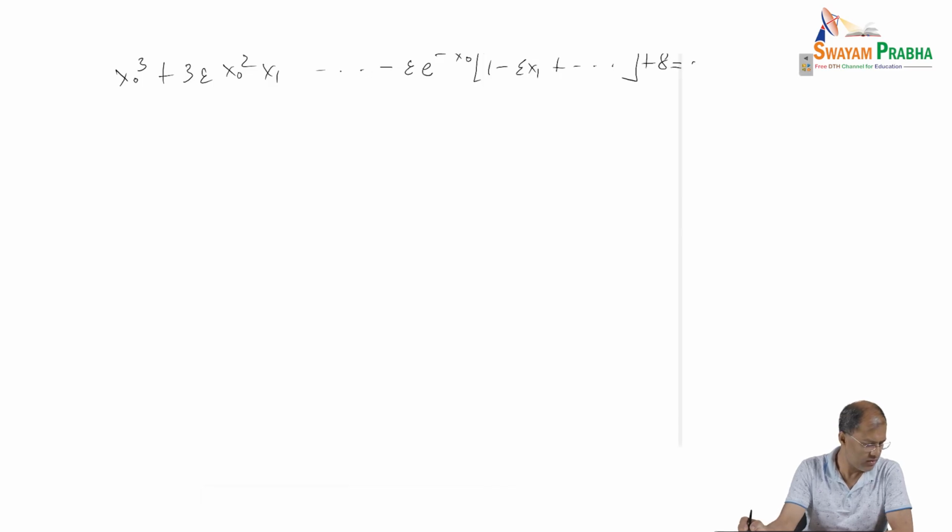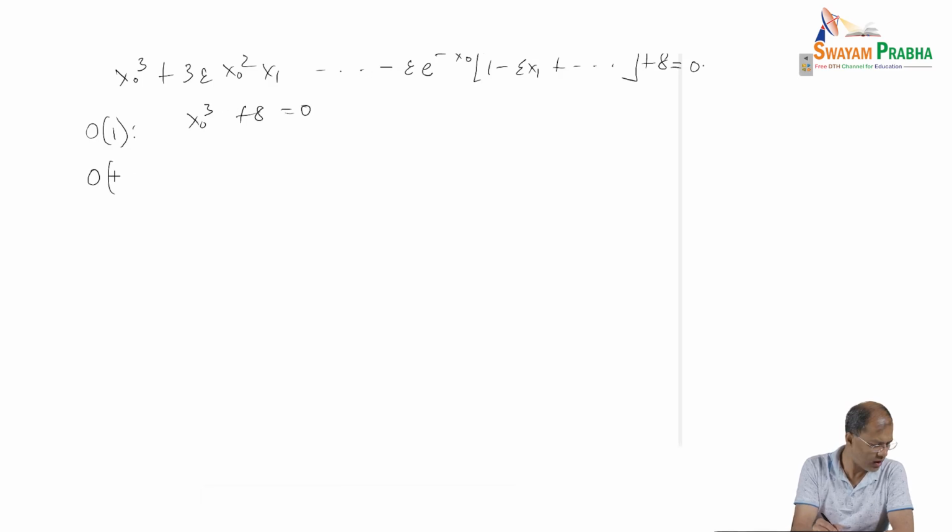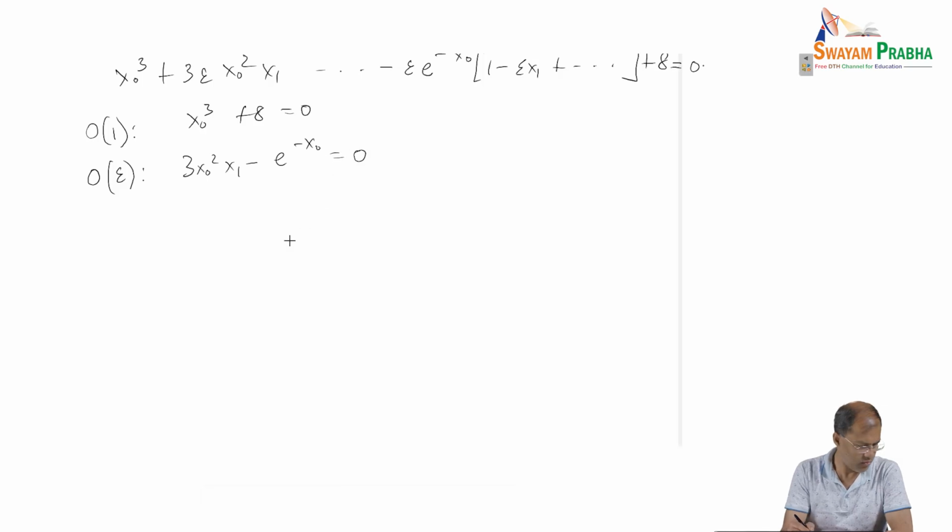plus 8. This is equal to 0, and then the order 1 term will come out to be x naught square plus 8, which is 0, and the order epsilon term comes out to be 3 x naught square x1 minus e to the power minus x naught, equal to 0.